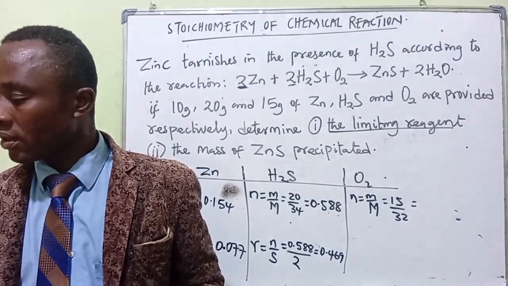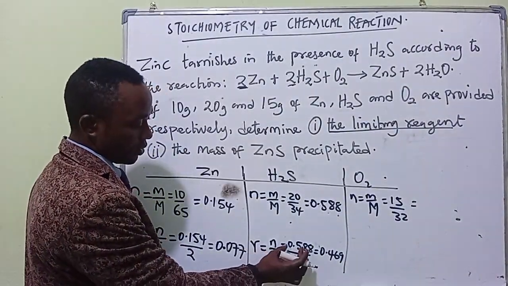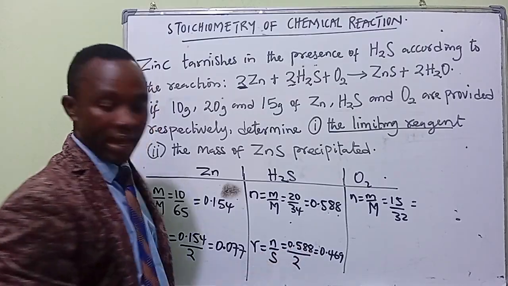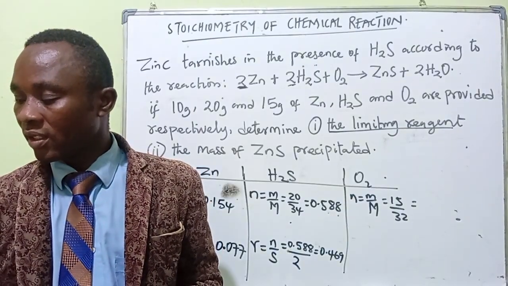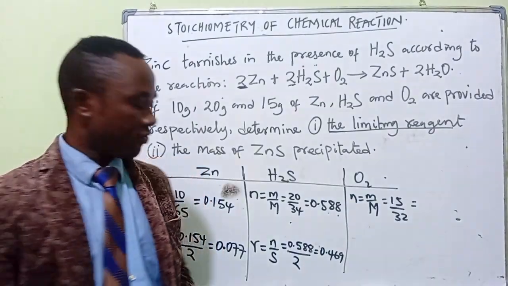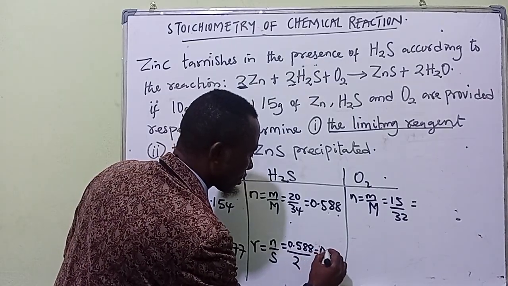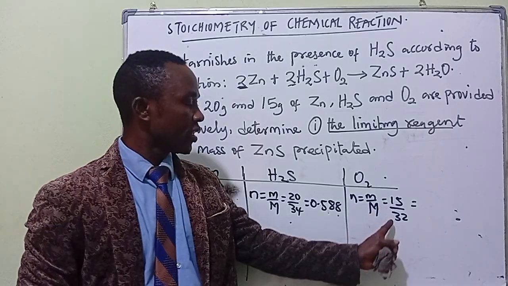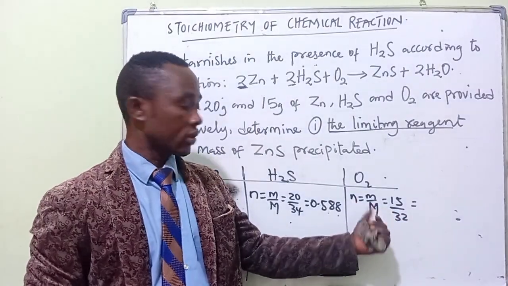Sorry, here we have 0.588 divided by 2, which is 0.294. Okay, then when we do 15 divided by 32, that is in getting the number of moles of oxygen.